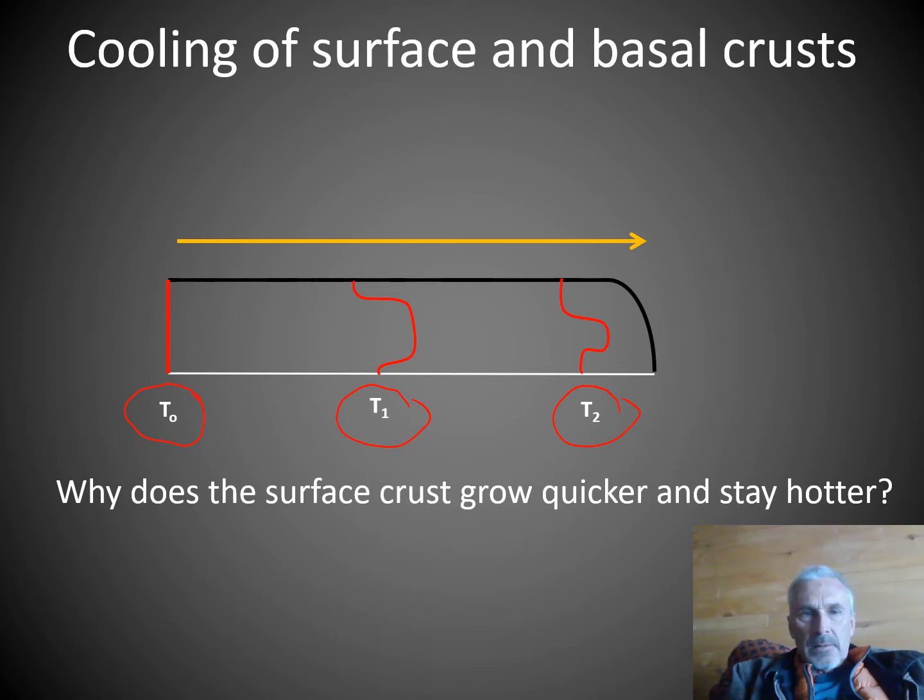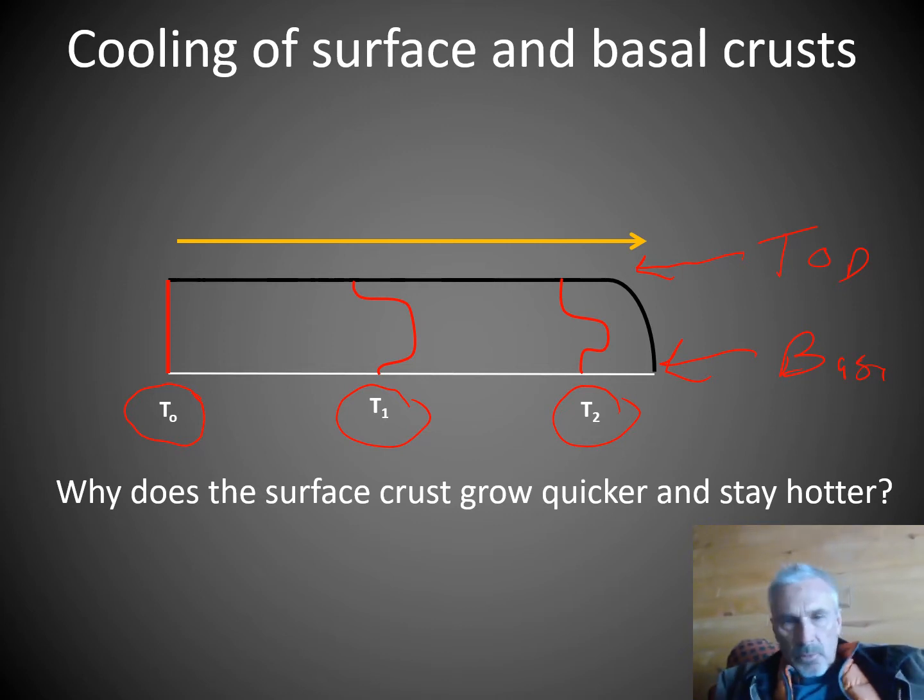Right near the vent, all the material comes out at eruption temperature, it's all hot. So there's no variation in temperature from the top of the flow. This is a side view, so that's the top of the flow, and this is the base of the flow right there. Underneath is some sort of rock or soil unit. And this arrow right here indicates distance from the vent.